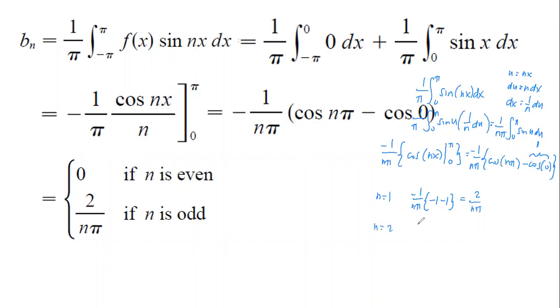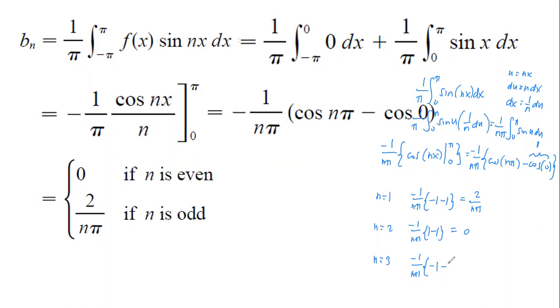If n is equal to 2, negative 1 over n pi, cosine 2 pi is 1. Then this is always minus 1, no? So of course, 1 minus 1 is 0. 0 times negative 1 over n pi is 0. So if n is equal to 3, negative 1 over n pi, cosine 3 pi is negative 1.